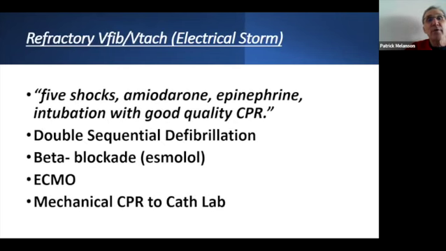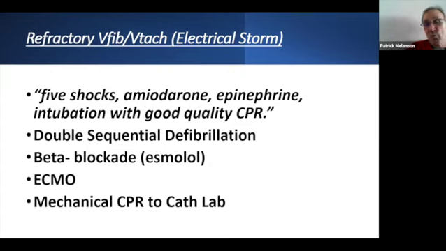So again, refractory VFib, VTach, electrical storm, traditionally has been 5 shocks in the literature. I just see that the last ILCOR document says 3 shocks, but you know, it's the same. Your options once you get into this situation are, sure, you can try double sequential defibrillation, beta blocker with esmolol.